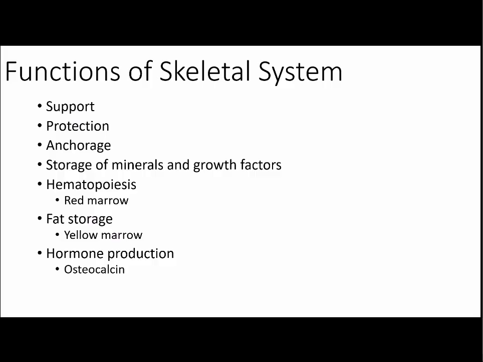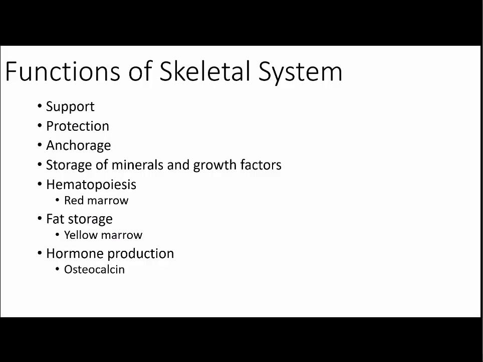And if your body is low on calcium or phosphate, then it can actually get these two minerals from your skeletal system and have them released in the blood in their ionic form so that they can be utilized where they're needed. We also have hematopoiesis that takes place in the skeleton. Hematopoiesis is the process of blood cell formation, and that takes place in our red bone marrow.